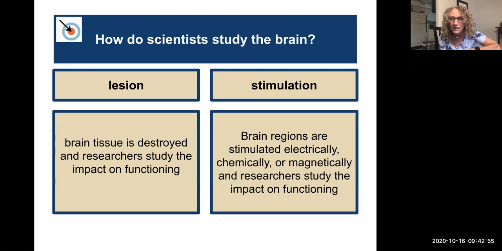And they can study that portion and see how it affects you after that particular part of the brain has been removed. And then stimulation is where we would actually use electrodes, and we would activate certain parts of the brain and see how you respond with your behaviors, or maybe actively talking about your thoughts.